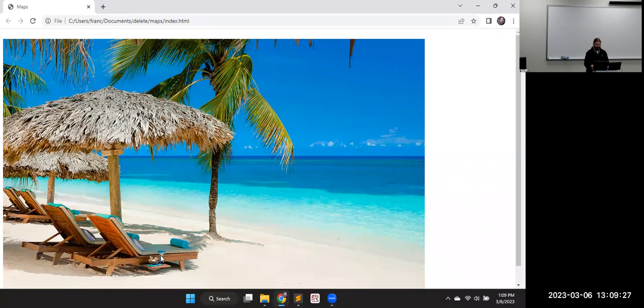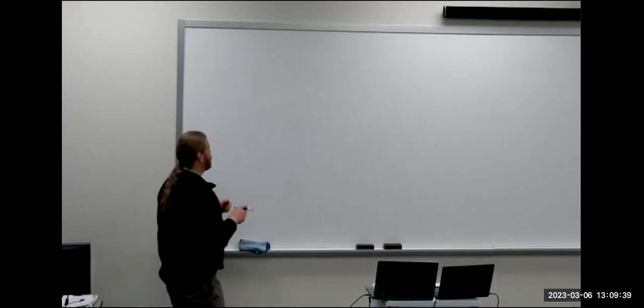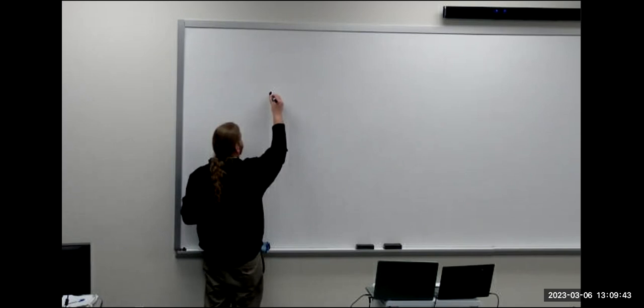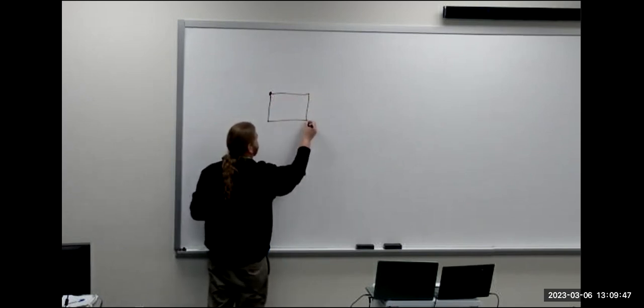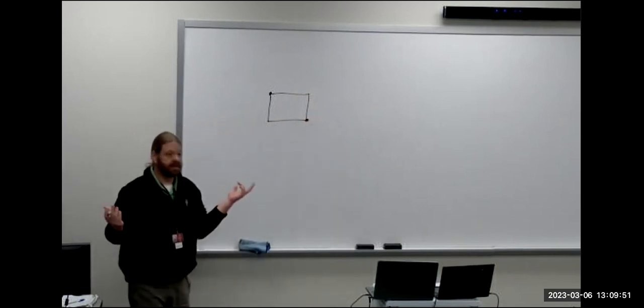We need to find out what the areas we want to connect to are. And we basically have 3 shapes we can look for. I'm drawing on the board. One of our basic shapes is going to be a rectangle. And to define a rectangle, we need 2 points.